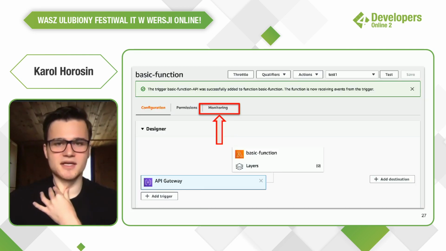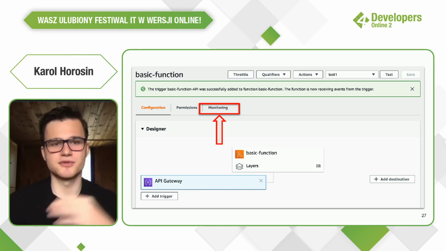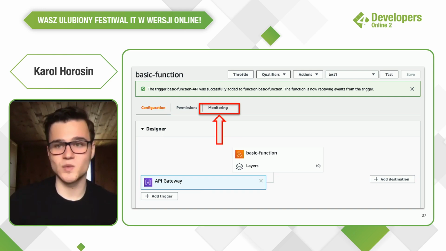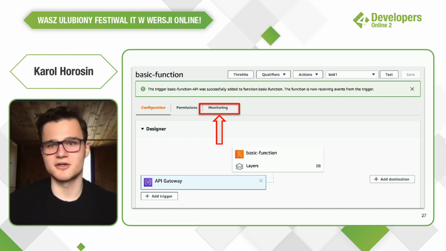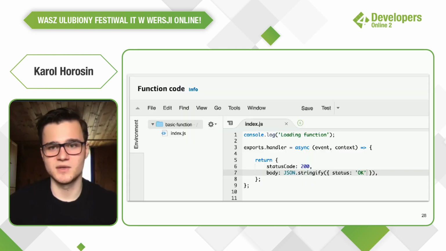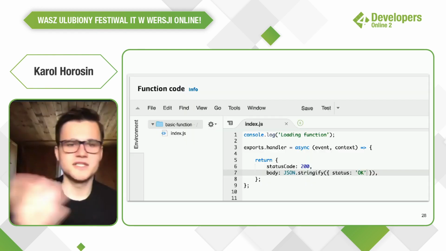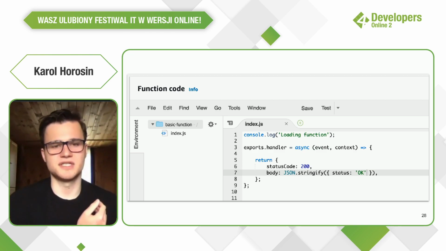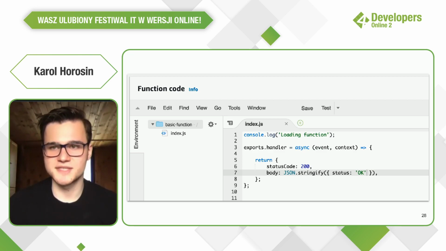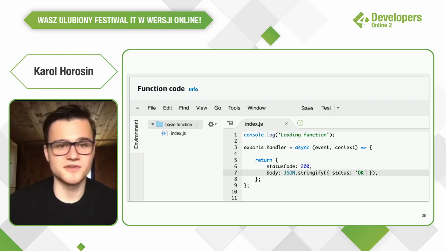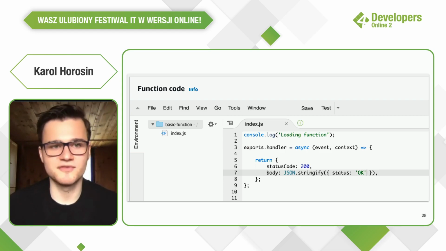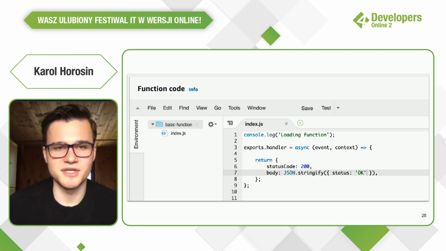So going back to the Lambda interface, if you want to debug and see logs why things failed, you have a monitoring tab, and there are logs for all executions of your Lambda, so you can see what was wrong. The thing we need to change is actually to just change the form of the returned response, because, as you can see, Lambdas are very simple functions, but to actually provide some features for HTTP requests, we need some information.